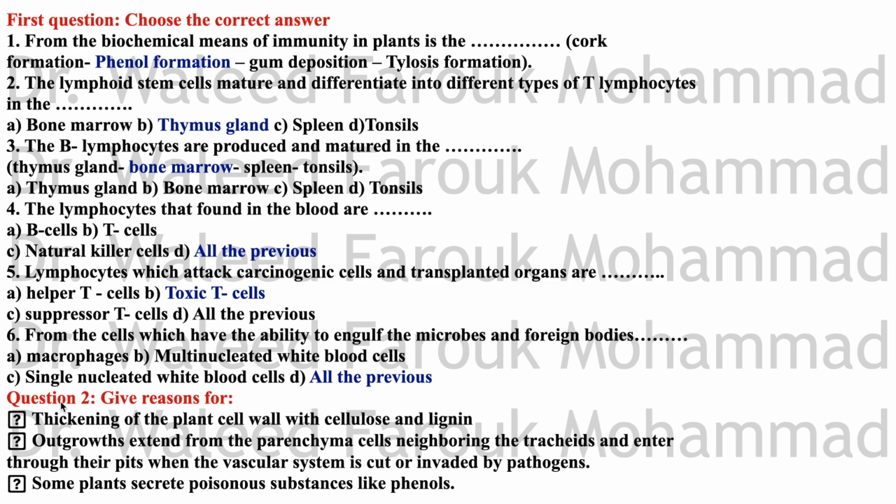That's because to prevent the movement of pathogens to the other parts of the plants. It's like tyloses. Some plants secrete poisonous substances like phenols to kill pathogenic organisms such as bacteria or inhibit their growth.